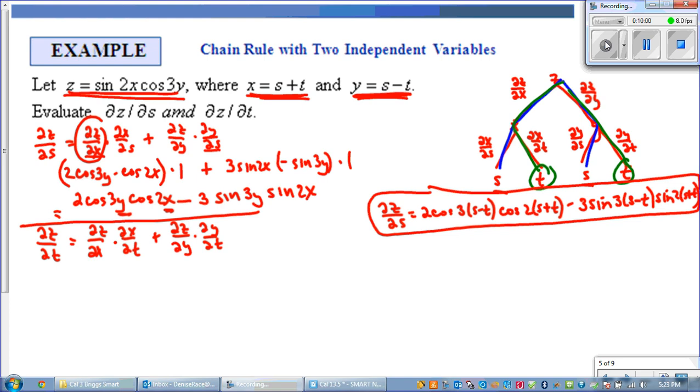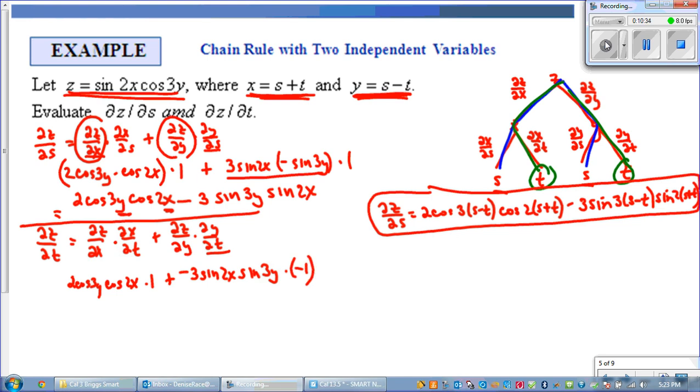That's 2 cosine 3y cosine 2x times the partial of x with respect to t, which is 1, plus the partial of z with respect to y, which we found right here, is minus 3 sine 2x sine 3y, times the partial of y with respect to t, which is negative 1.